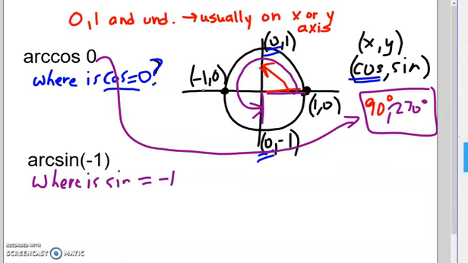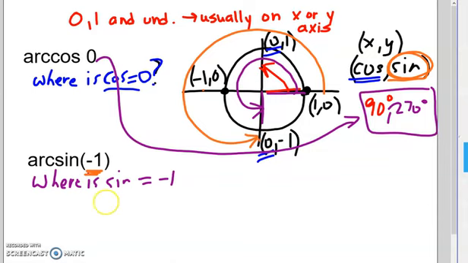Remember, sine is the y value. So where is y -1? The only location where y is -1 is at 270 degrees. So that's it. 270 degrees is the only answer for that one.